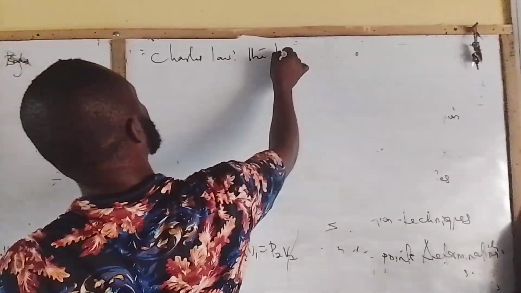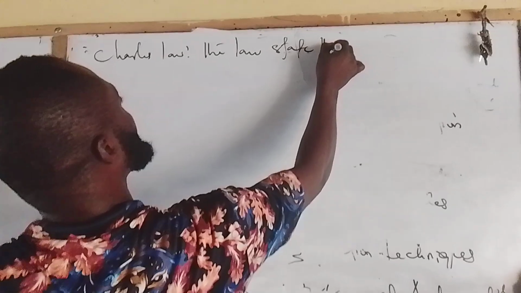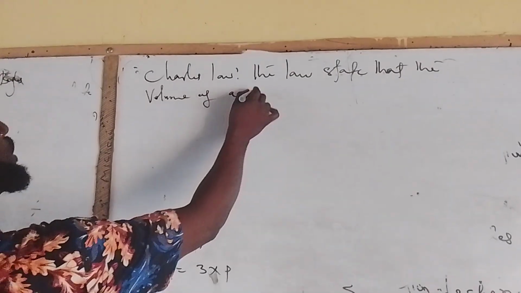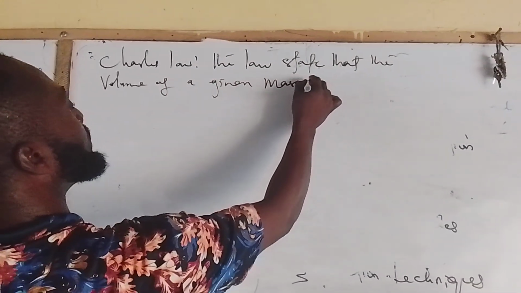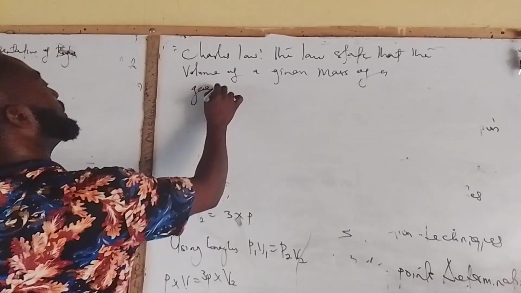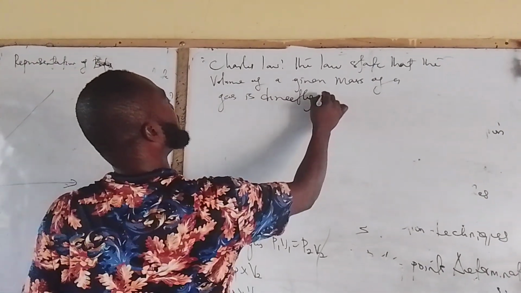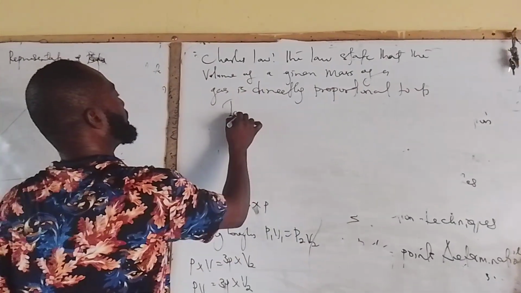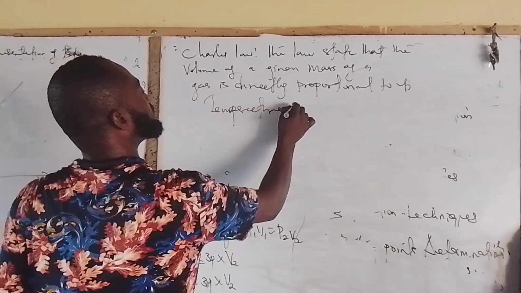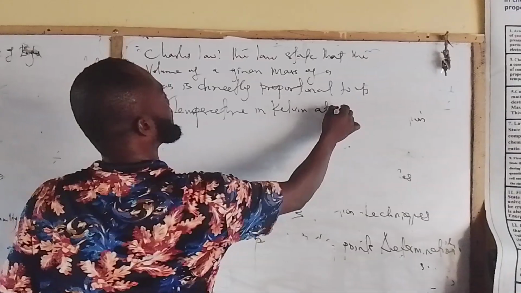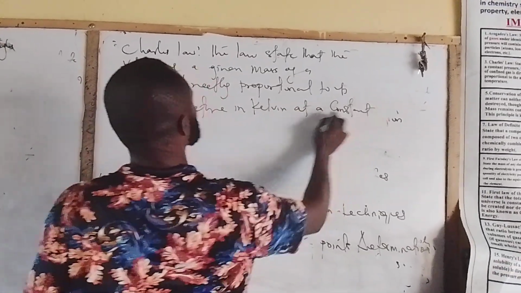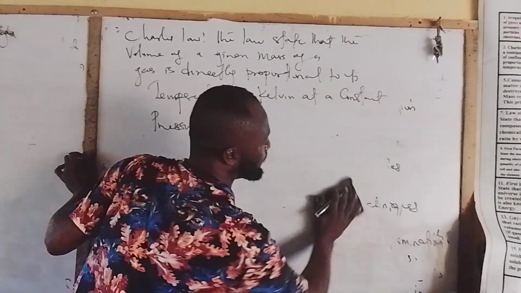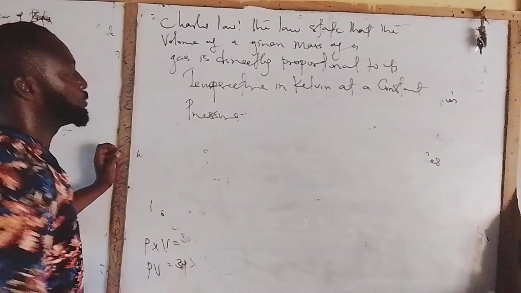The law says that the volume of a given mass of a gas is directly proportional to its temperature in Kelvin, at a constant pressure.